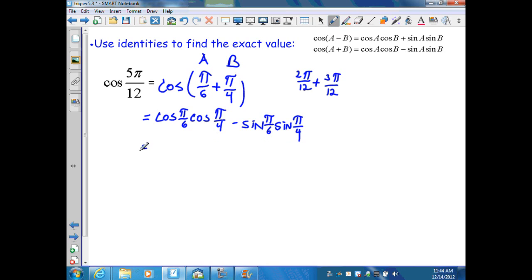And we can find the value of each of these to determine the exact value of cosine 5 pi over 12.